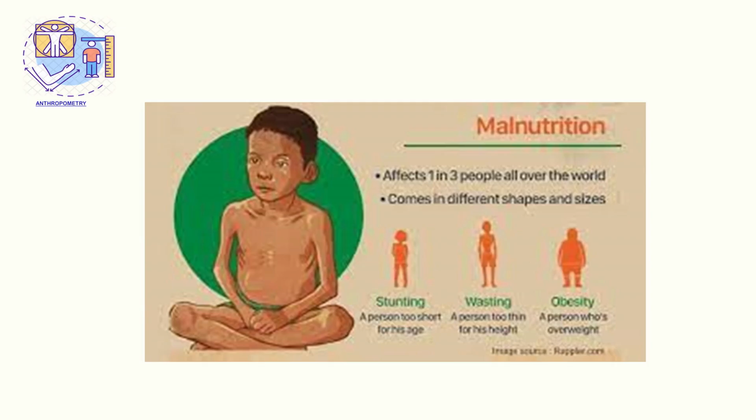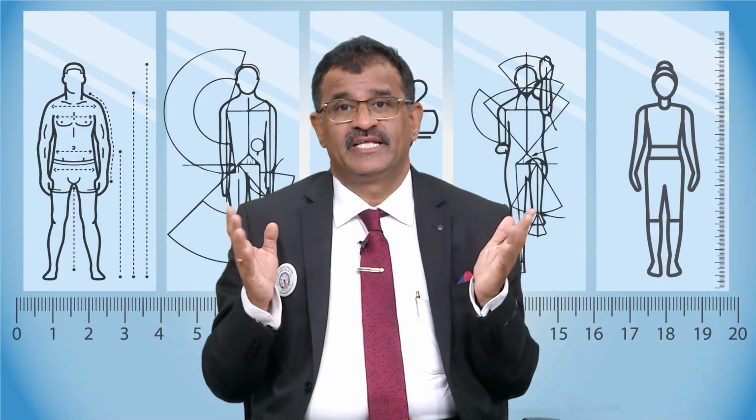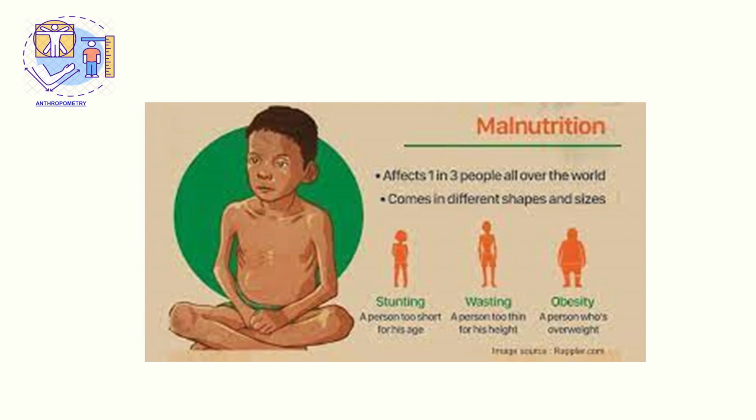Basically, 1 in 3 people all over the world are affected by malnutrition, and it comes in different shapes and sizes. Basically, we see 3 effects. One is stunting, another is wasting, and the third is obesity.